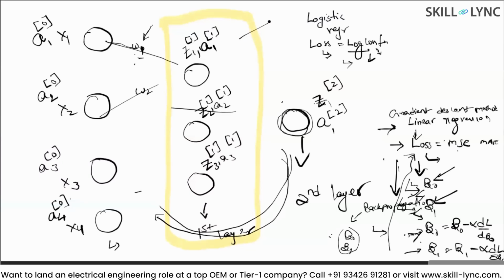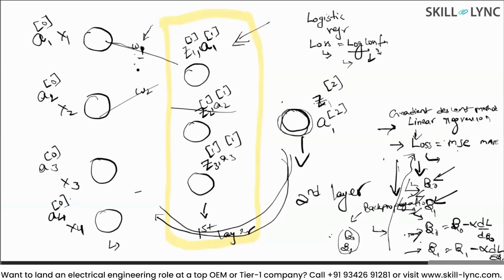But if I bring in one additional layer, now I'm doing the backpropagation two times. So I'm correcting my weights again and again.